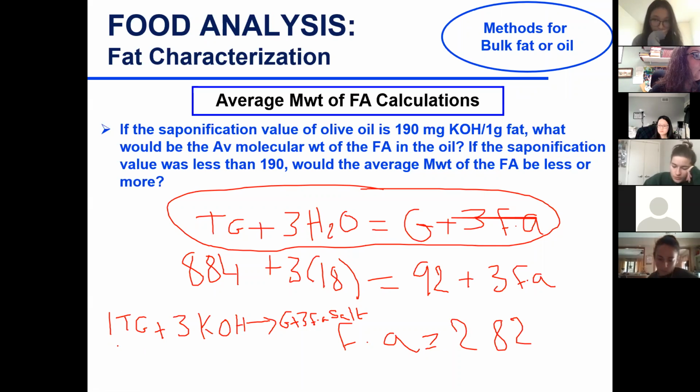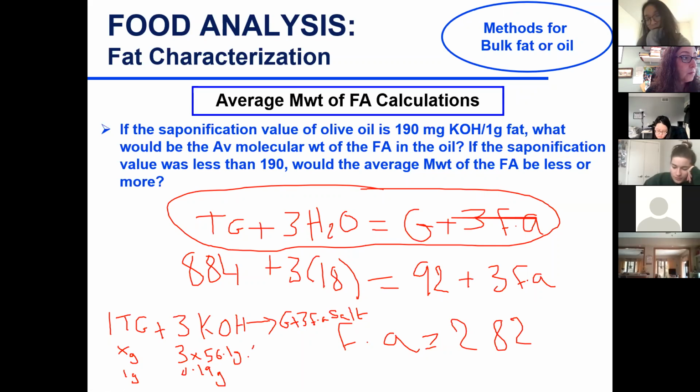And then 1 mole, how many grams is in 1 mole? That's the molecular weight that we don't know. So we're solving for X here, but we know the molecular weight of KOH. And I have given that for 1 gram, I needed 0.19 grams.